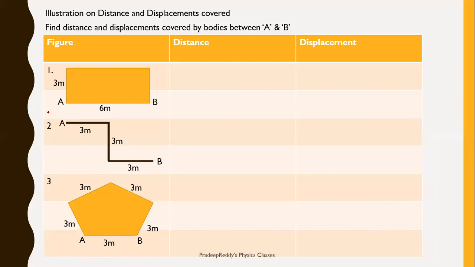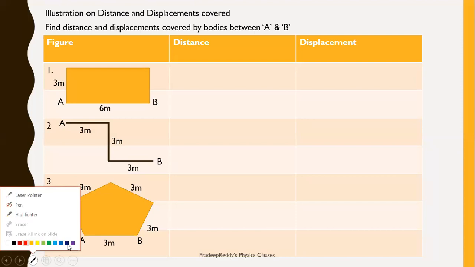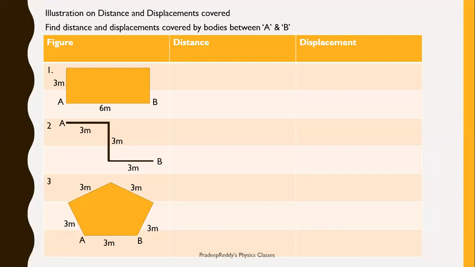Right? In these figures, you are supposed to calculate the distance covered and the displacement between point A and point B. Here is point A and here is point B. The body has two paths, path 1 and path 2.